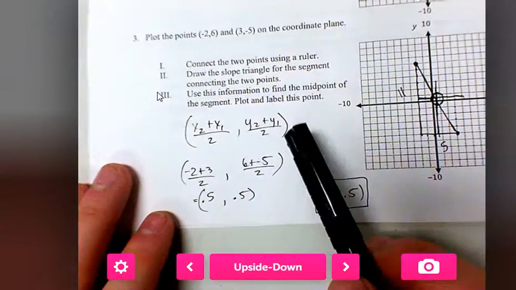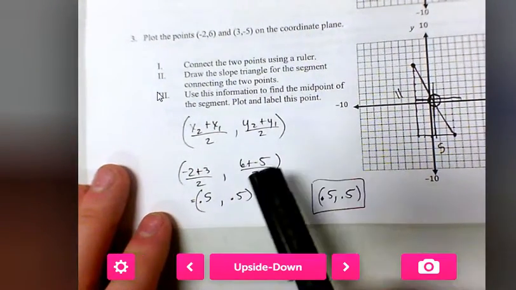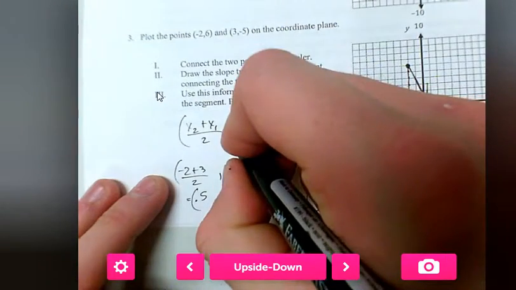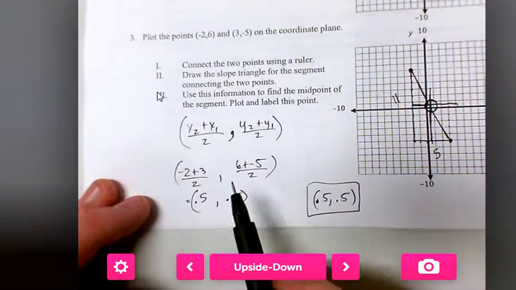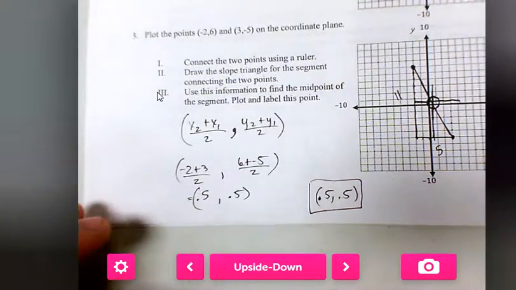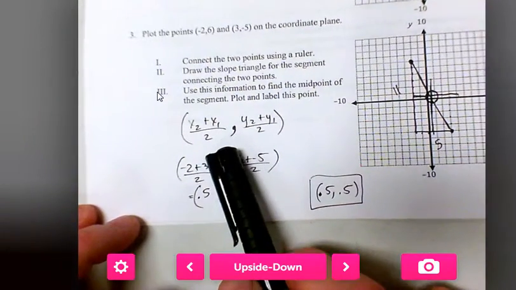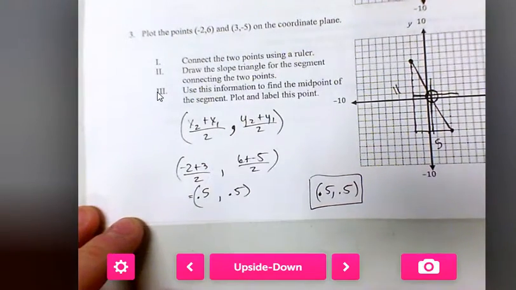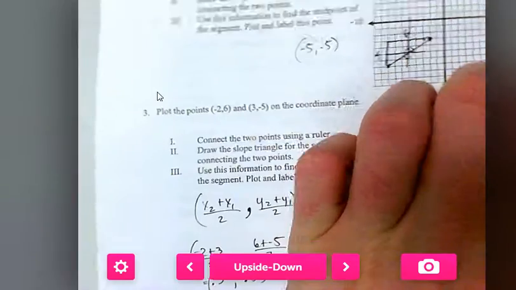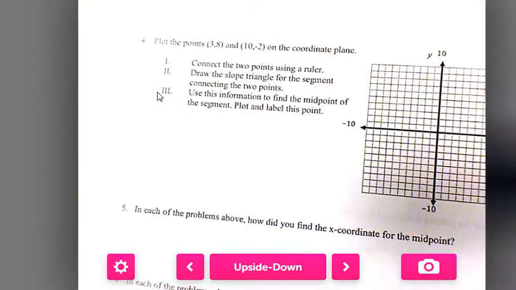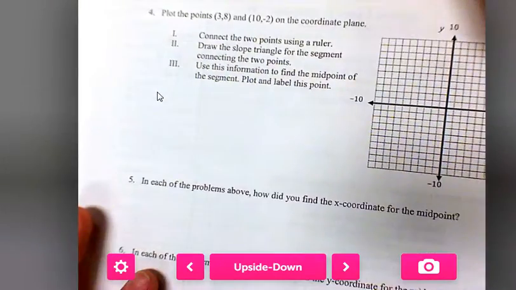Now again, in this midpoint formula, this thing right here is a comma. So don't add the two numbers, don't divide them or multiply them. This is a coordinate. So it should be something, comma, something. That should be your answer. Now, why don't you try number 4?